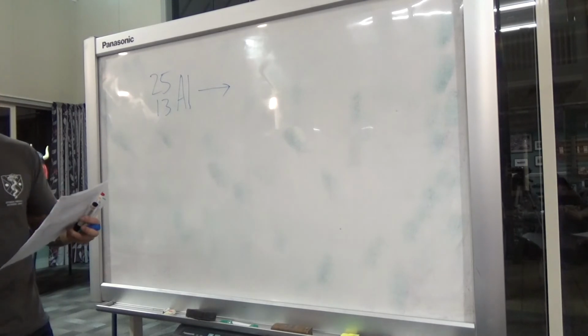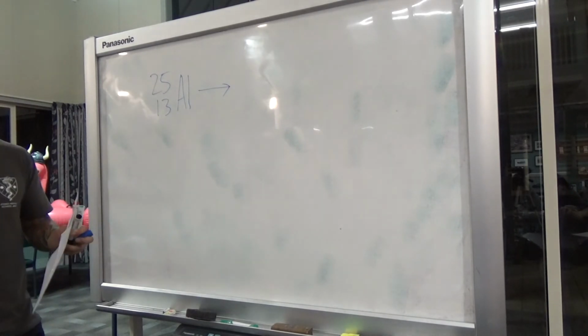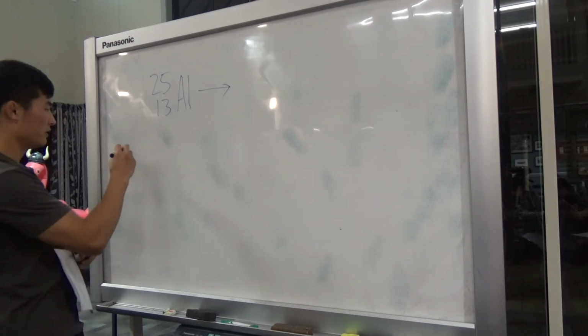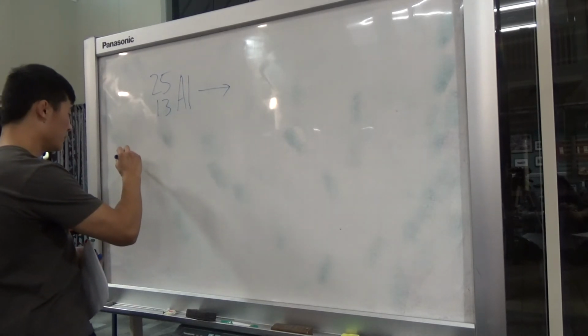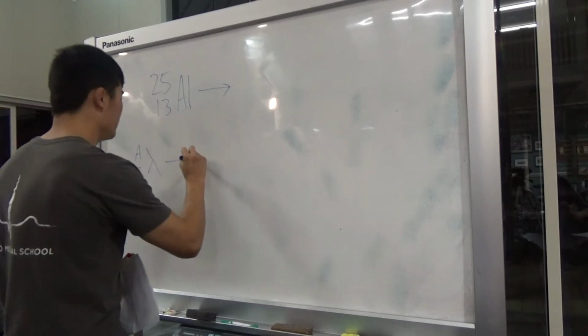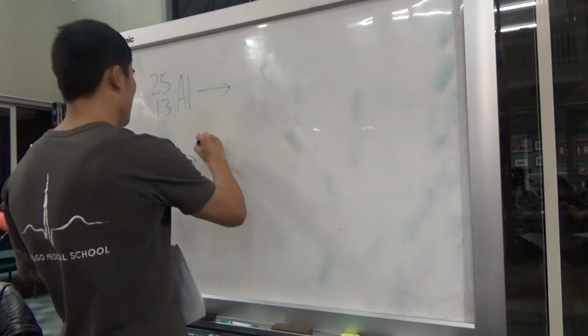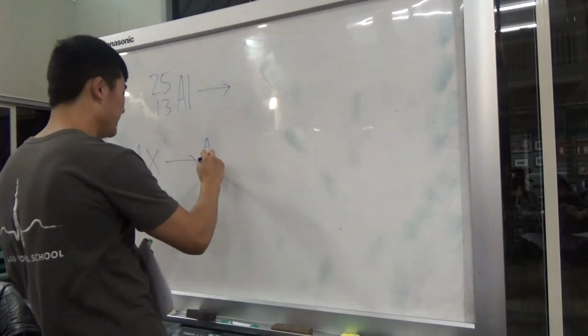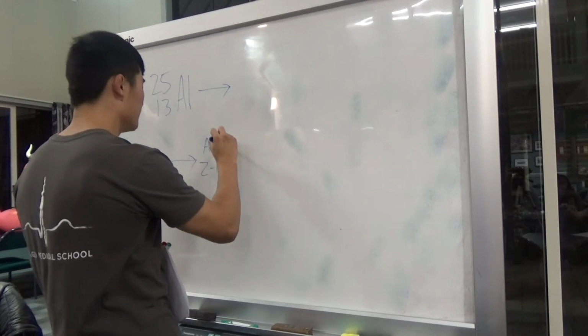So beta plus, I'll just write this down. It's going to be A, Z, X, turning into A is the same, and then if it's beta plus, it's going to be Z minus 1.